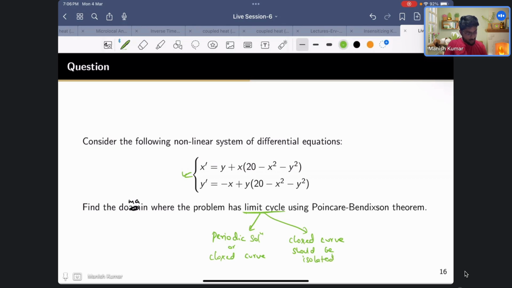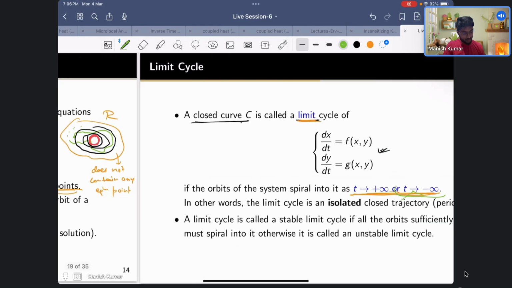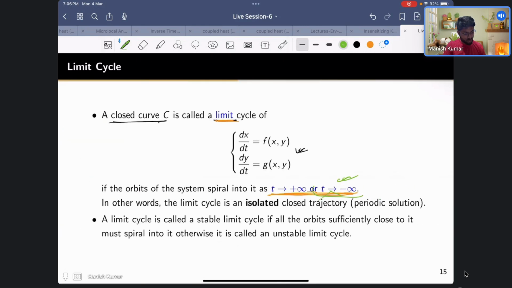And in fact, this is guaranteed by this Poincare-Bendixson theorem. It says that if you choose any solution which is bounded, then the conclusion says its orbit must spiral into a simple closed curve, which this definition is telling you.